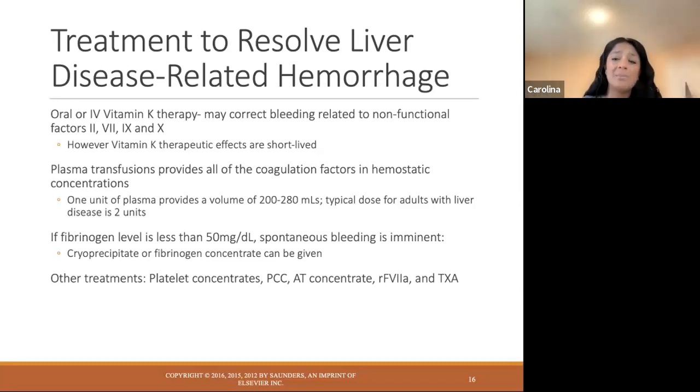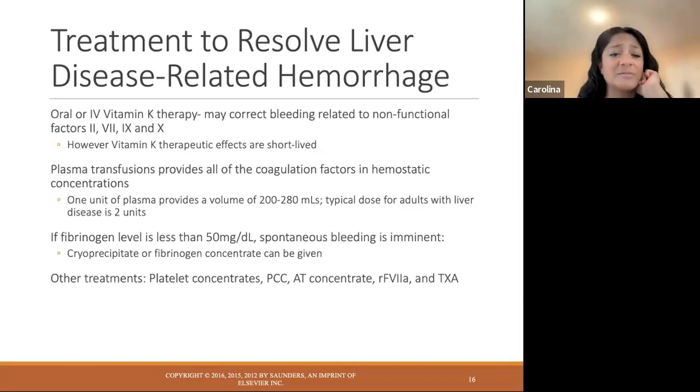And so what that plasma is going to do is provide a lot of factors, a lot of proteins, okay, to help boost our patient. So plasma can provide all of the coagulation factors in hemostatic concentrations. What that means is in normal levels.